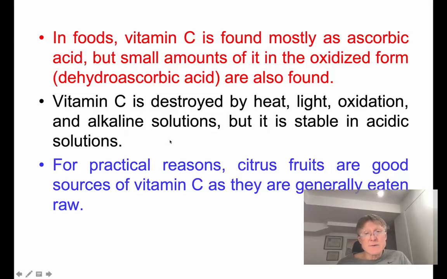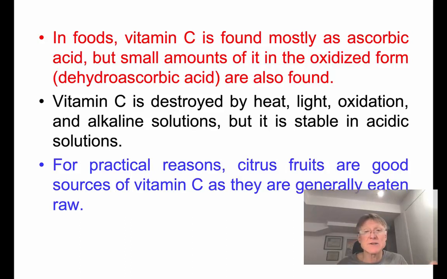So for practical reasons, citrus fruits are good sources of vitamin C as they are generally eaten raw. What do I mean by this? When you have a lime or lemon or oranges or strawberries, these are fruits that are very rich in vitamin C, and you eat them raw, so you don't heat them up, you don't expose them to light for long, because if you eat them intact, it's only when you cut the fruit and you eat it right away.